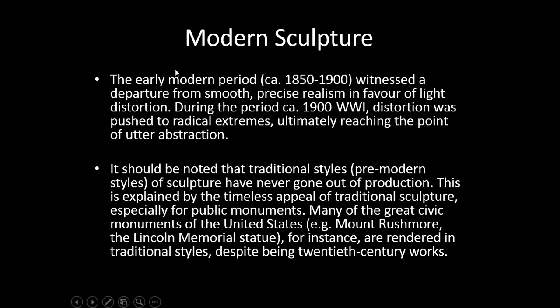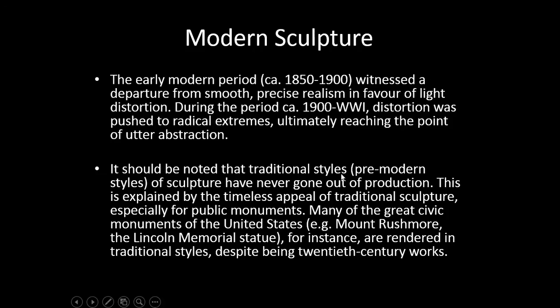Modern sculpture. The early modern period, circa 1850 to 1900, witnessed a departure from smooth, precise realism in favor of light distortion. During the period, circa 1900 to World War I, distortion was pushed to radical extremes, ultimately reaching the point of utter abstraction.